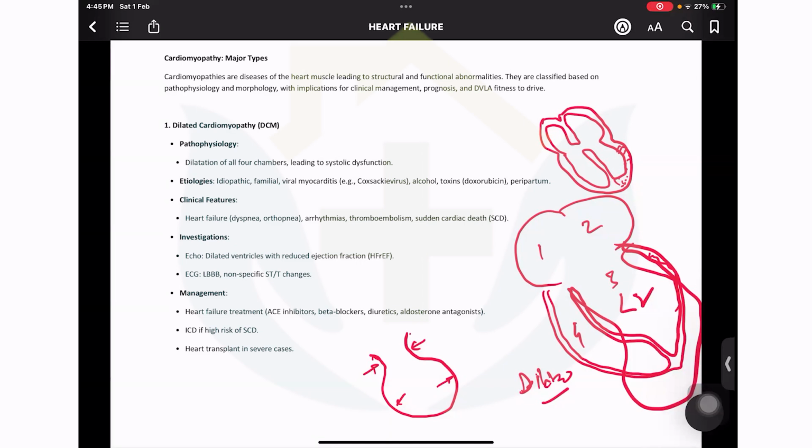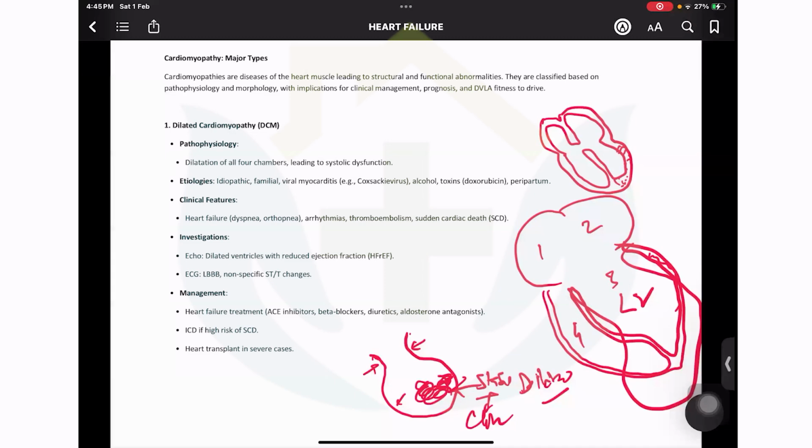Then because this ventricle is thinned out and not contracting very well, some amount of blood inside the cavity will undergo stasis, and in medicine stasis will lead to clot formation. So a thrombus might be formed. Thromboembolism is a problem. Ventricular arrhythmias can lead to sudden cardiac death.